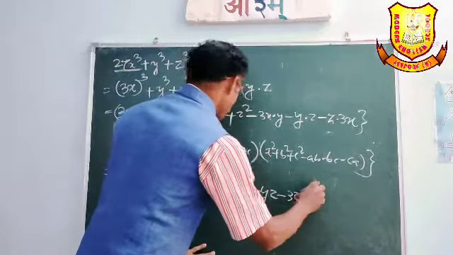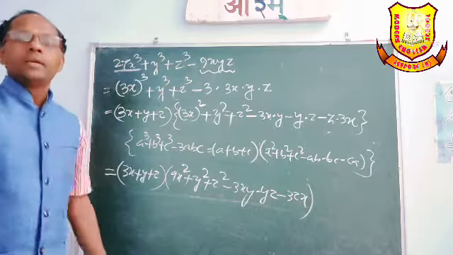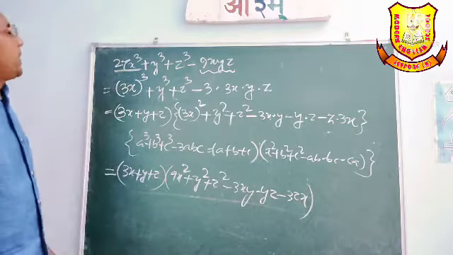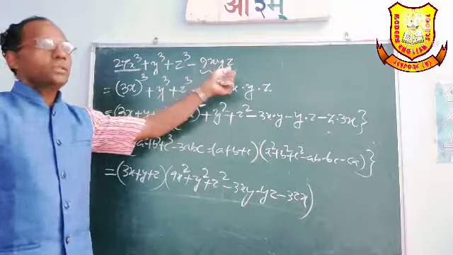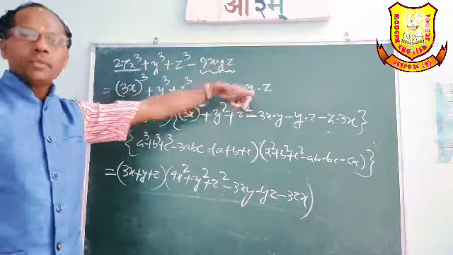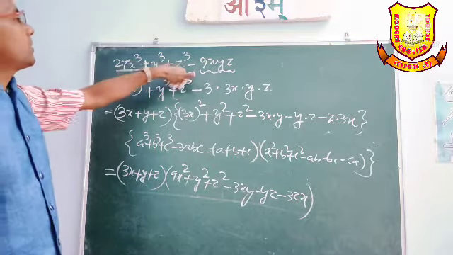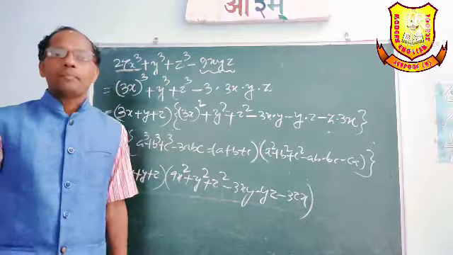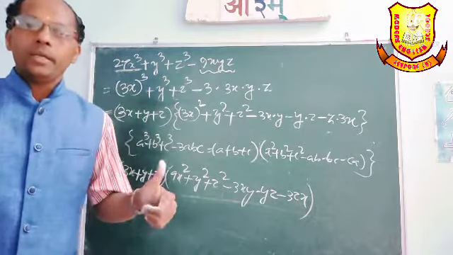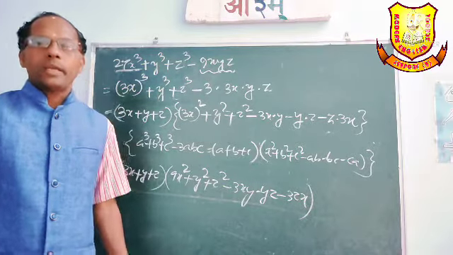All this one. Okay, this is the factorization of a cube plus b cube plus c cube minus 3abc. So here the question is given 27x cube plus y cube plus z cube minus 9xyz equal to this one. Understood everybody? Yes? Okay, good.